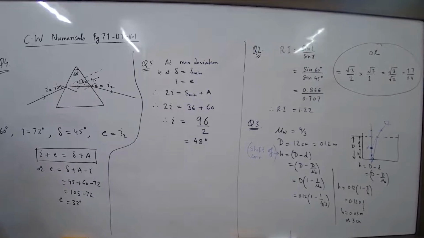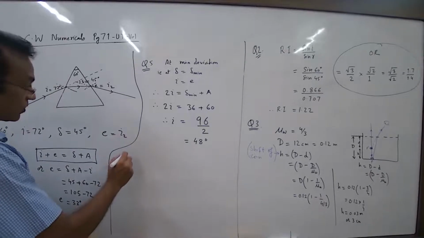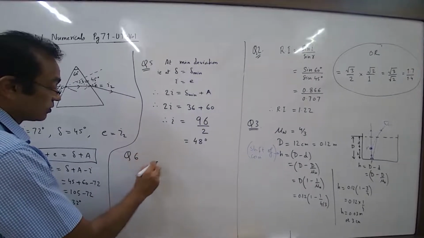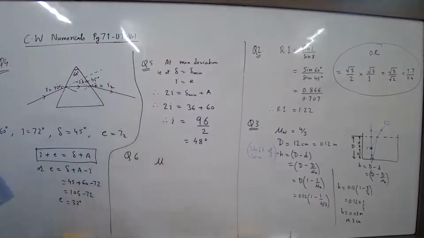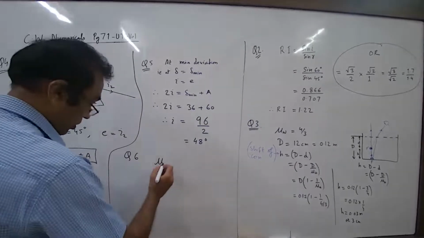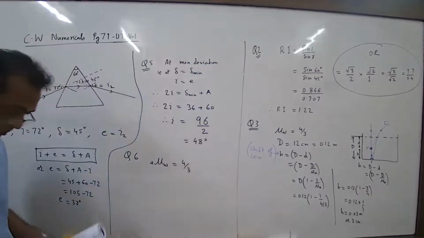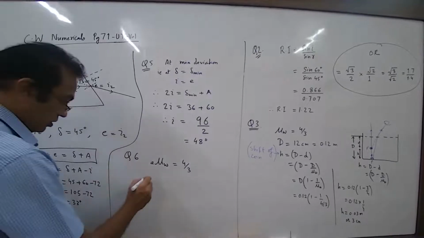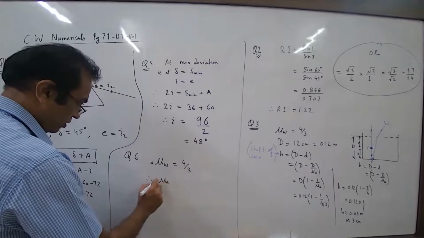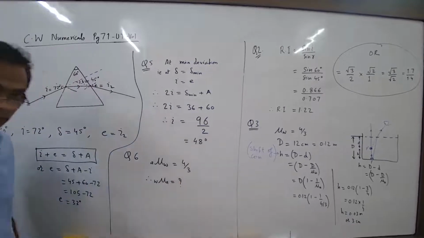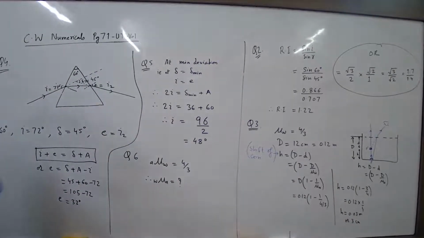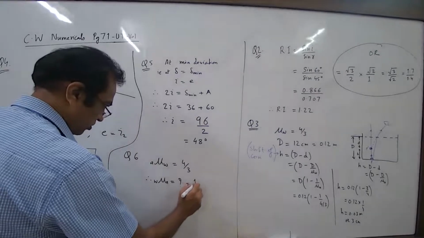The refractive index of water with respect to air is 4/3. What is the refractive index of air with respect to water? So question 6. What is given? Refractive index of water with respect to air is given as 4/3. Therefore, refractive index of air with respect to water is equal to what? Isn't it reciprocal of above?